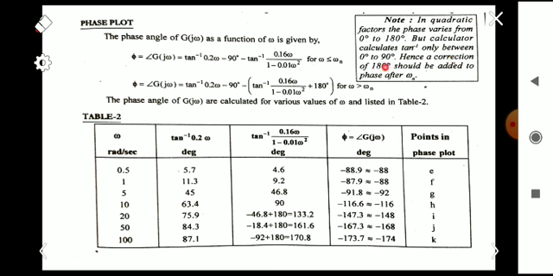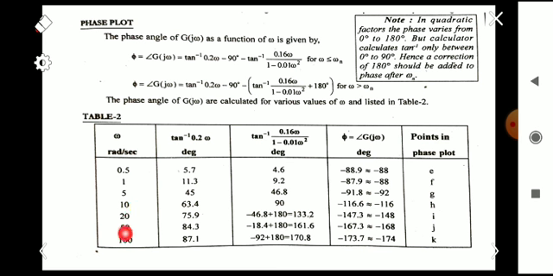Hence a correction of 180 should be added to the phase after omega n. So after omega n we consider this phase angle equation. Now we construct the table for different values of omega. We choose some values of omega, like 0.5, 1, 5, 10.